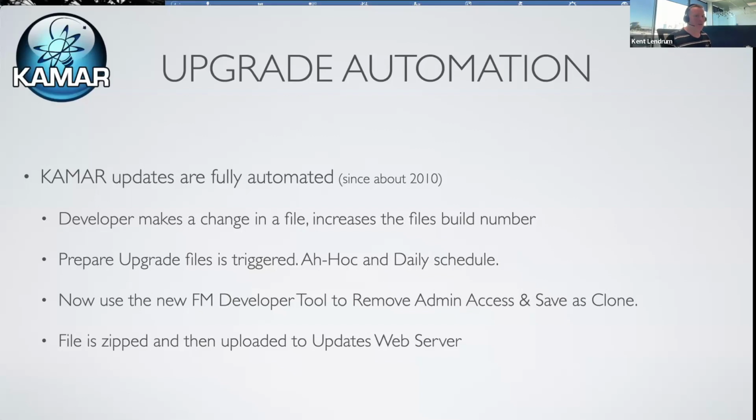We have an automated routine which prepares the upgrade. Now, this can be triggered ad hoc or it happens automatically overnight. We're now using the FM developer tool to remove admin access and save our files as a clone. And then it's zipped and uploaded to our updates web server. So that all happens on our end.